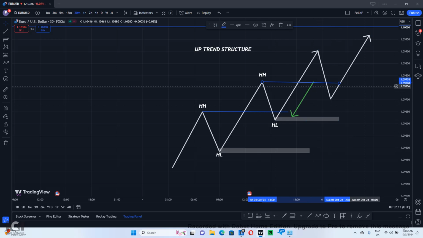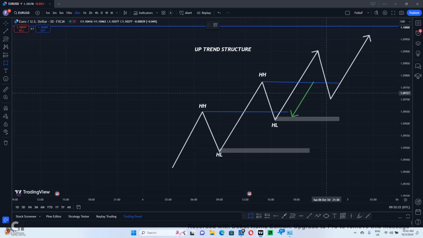You keep buying until you see price taking out the last higher low. Okay, so what do we have here? We have a new higher low, something like this.